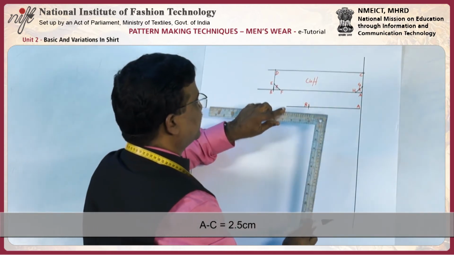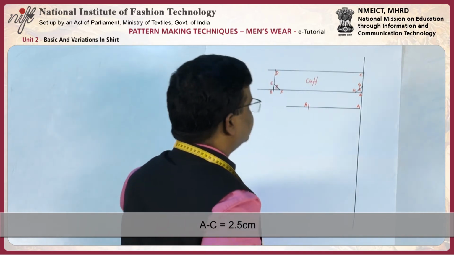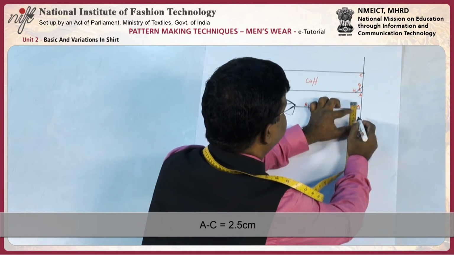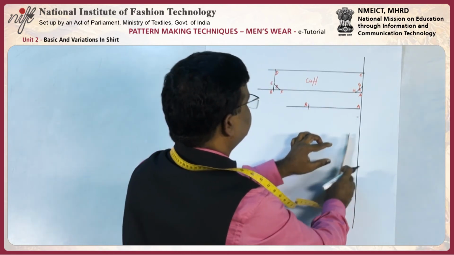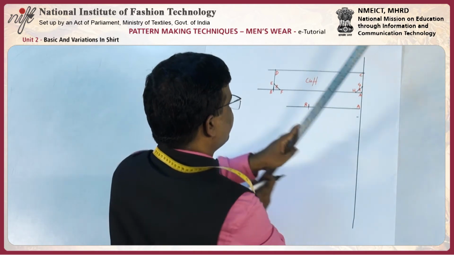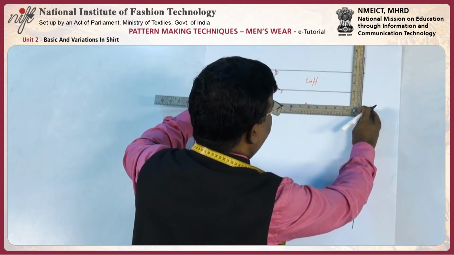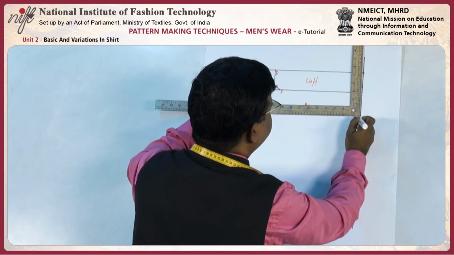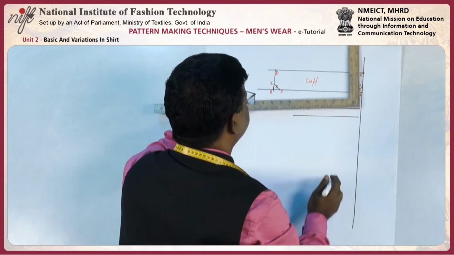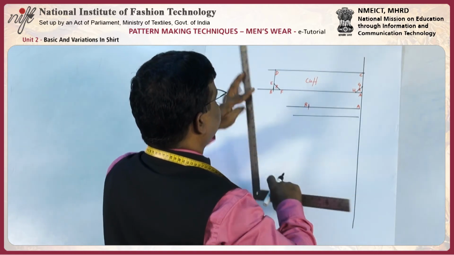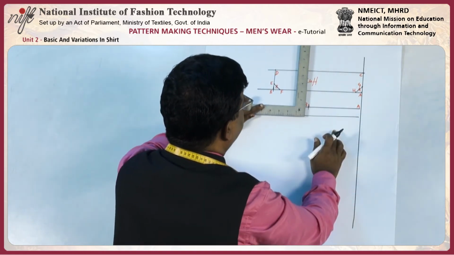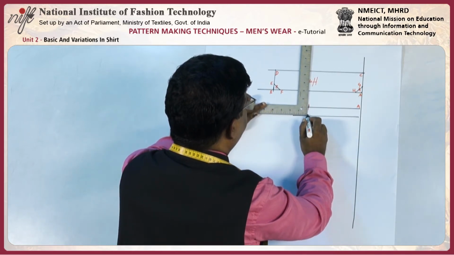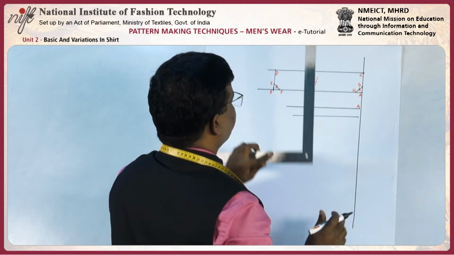A to C, 2.5 centimeter. Square out from C, then square up to B.